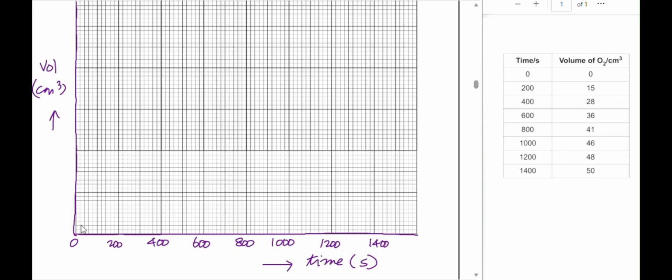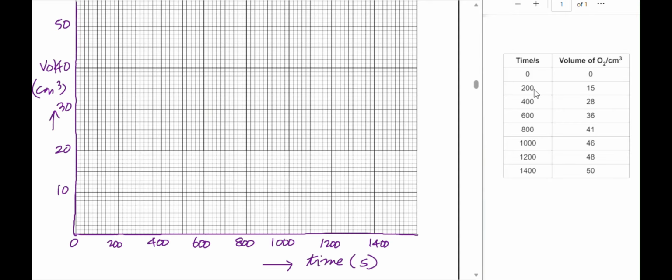Okay, here we need to have the volume on the y-axis from 0 to 50. So it will be easy if we choose 10 divisions to show 10. So it is easy to plot then. 20, 30, 40 and 50.